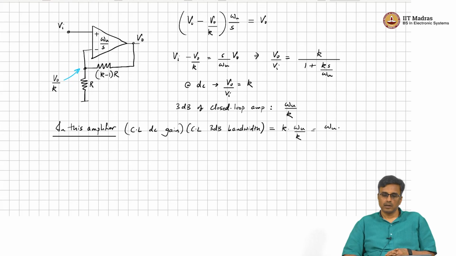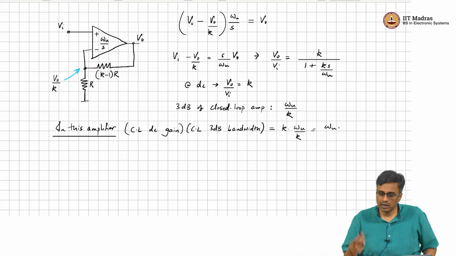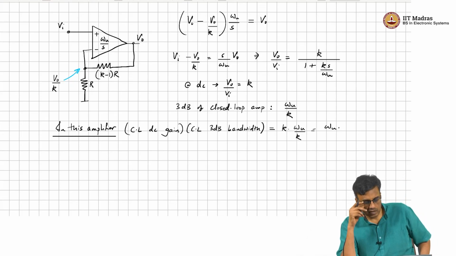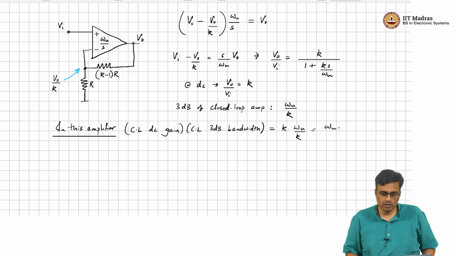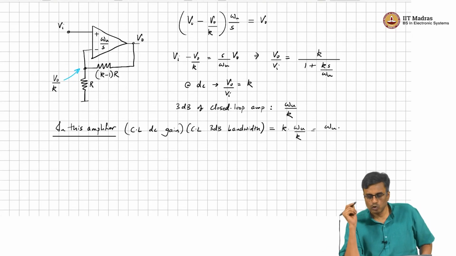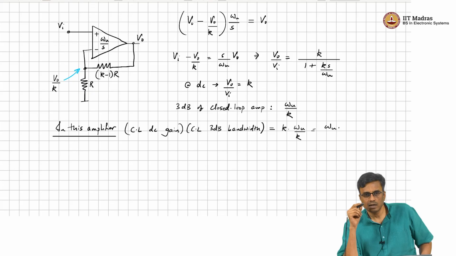But once people see this, they somehow mistake that this is true for all amplifiers, and that's not true. Let me show you. By the way, if you want a higher closed loop DC gain, then the bandwidth reduces.